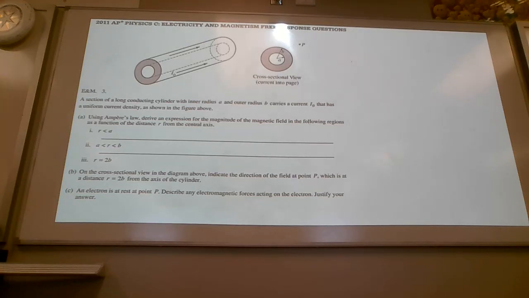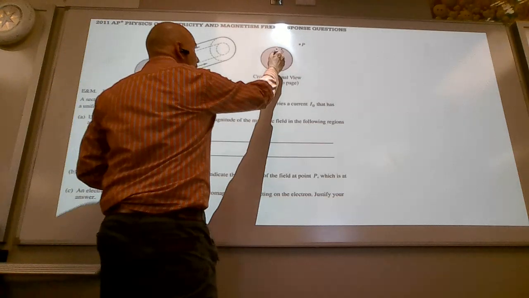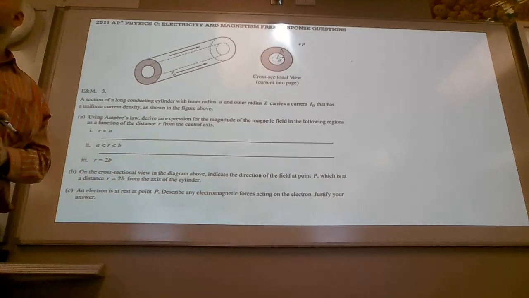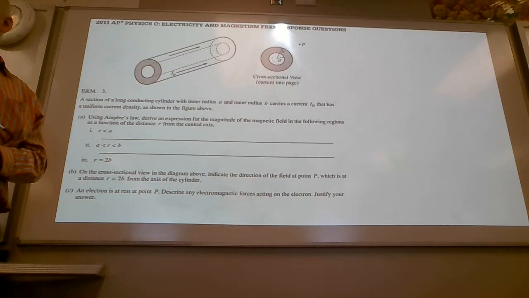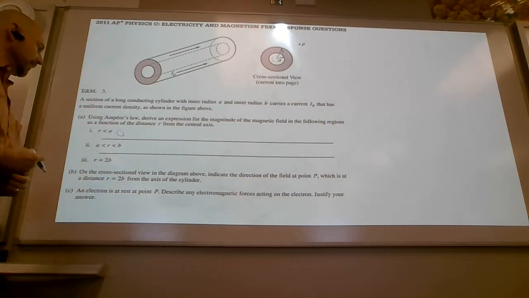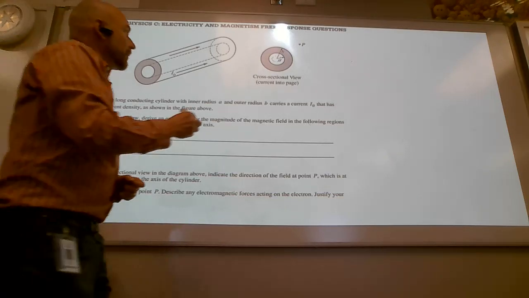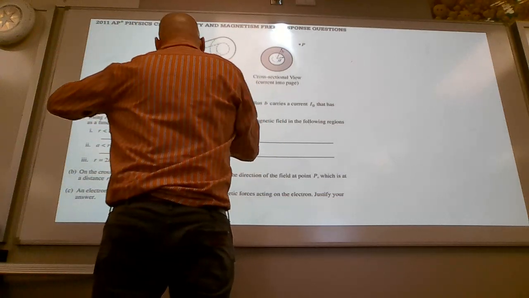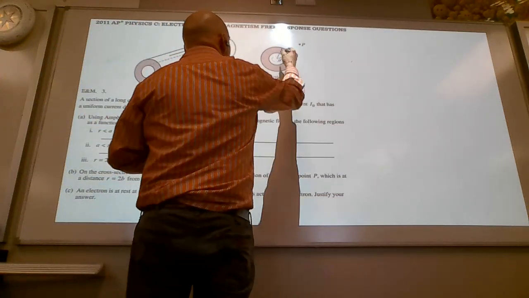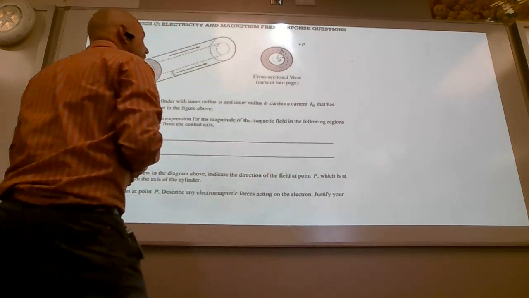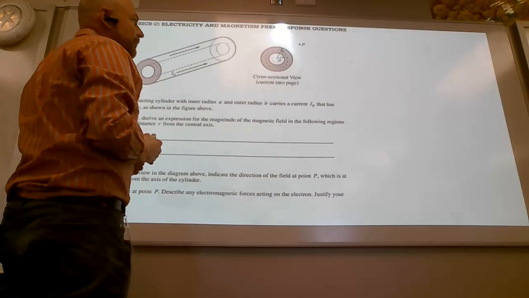So less than A, that would be no enclosed current. Yes? Okay, 0. How about in between there? So now we've got to do some math.